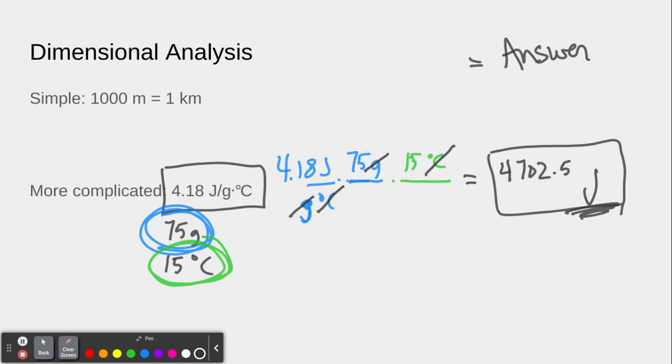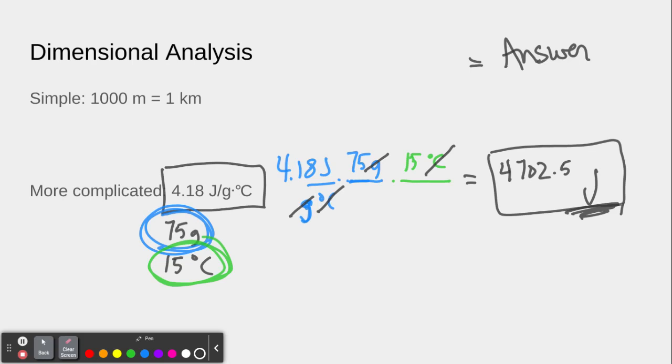We just solved our problem and we didn't even have to understand the concept, because dimensional analysis helps us work through it. This is the power of dimensional analysis. You're going to think it's a pain in the beginning because I'm going to make you do dimensional analysis on things you can do in your head. But the answer is not what I care about.